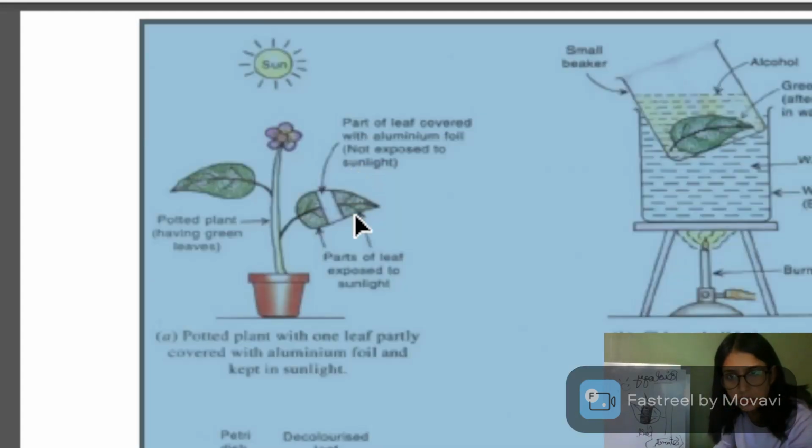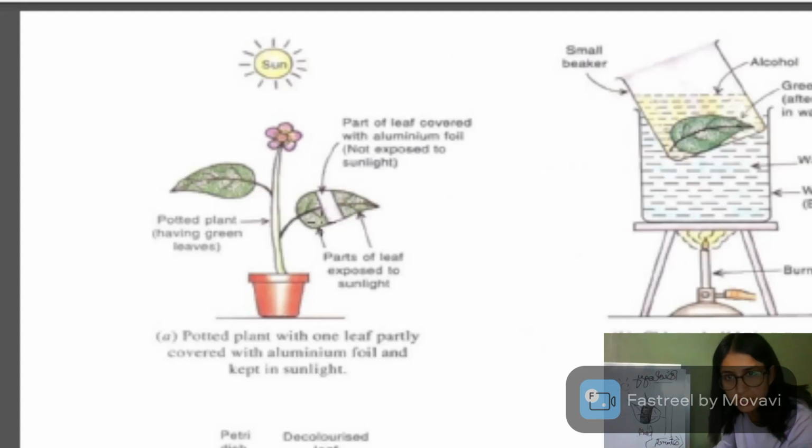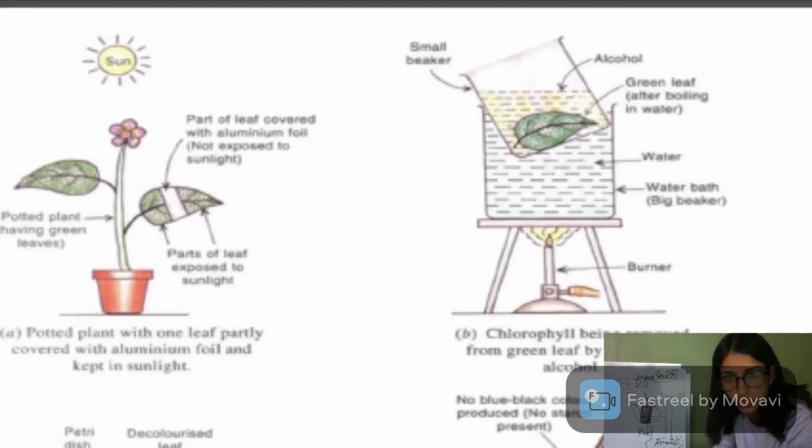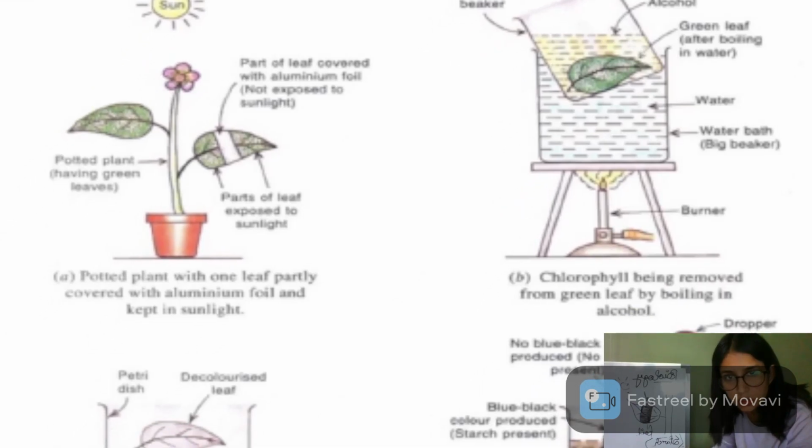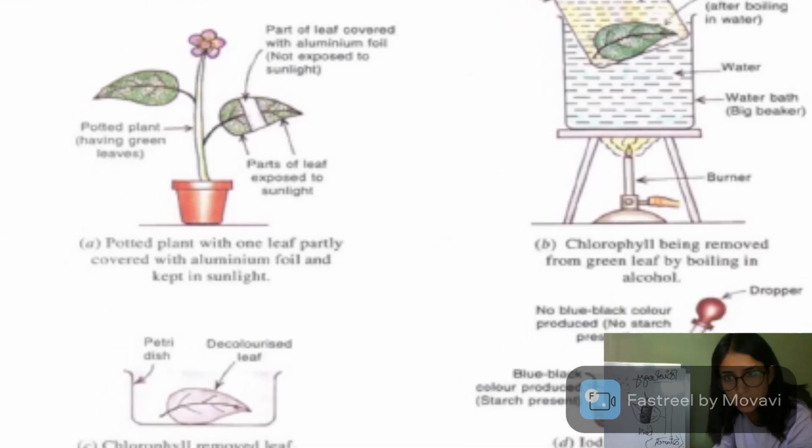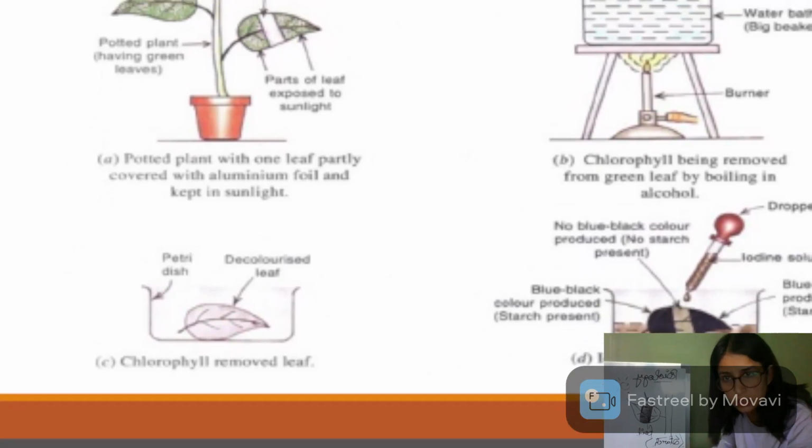So this is the part of the leaf exposed to sunlight, and this is the part hidden from the sunlight with the help of aluminium foil, right? Then they added alcohol in a small beaker which was boiled using a water bath, right? And after that there was discoloration.